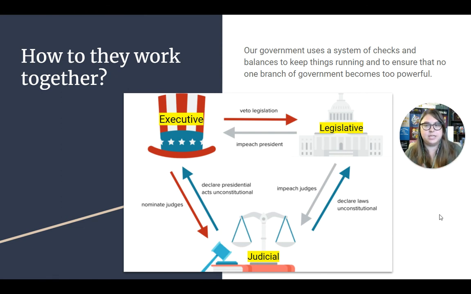We've talked about that the executive branch, their goal is to carry out the laws and enact the laws. And we've talked about how the judicial branch's goal is to evaluate the laws and decide whether or not they're constitutional. We've also talked about how our branches of government work together with a system of checks and balances to make sure that no one branch of government becomes too powerful.